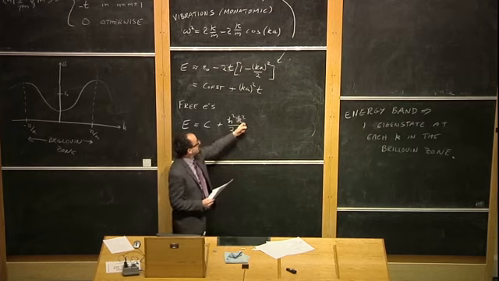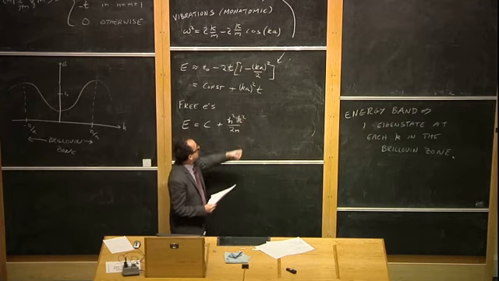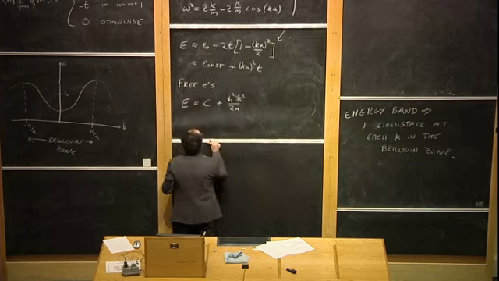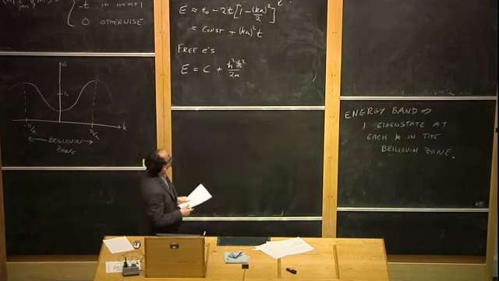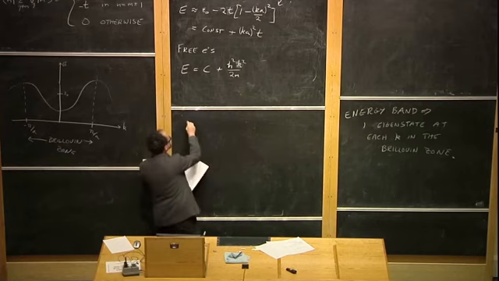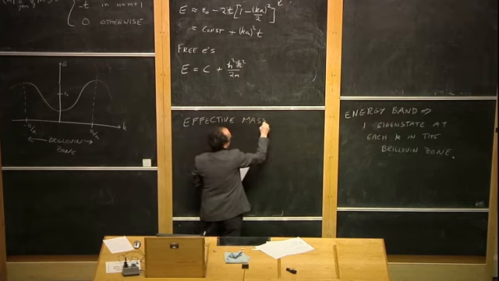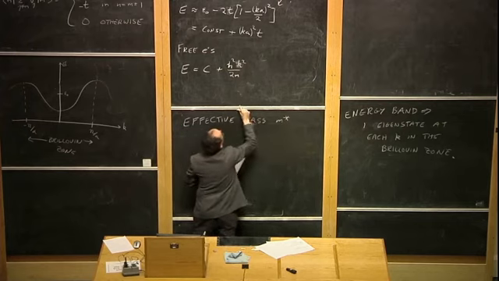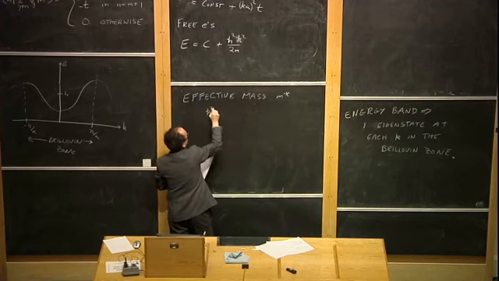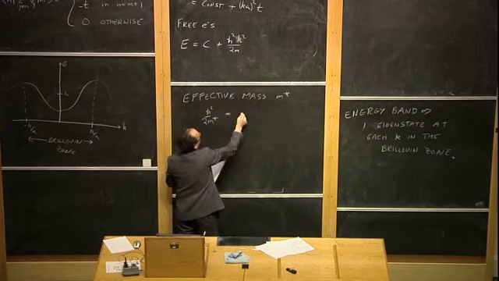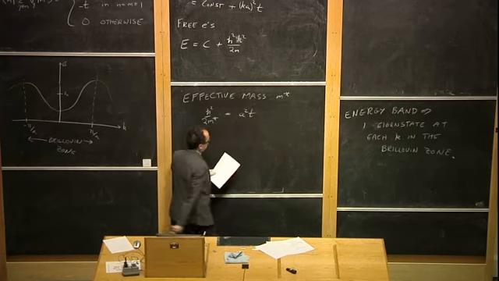But the important thing is that it's quadratic in wave vector, the same as this electron over here. So it might be useful for us to think in terms of free electrons for a second. And so what we do is we define an effective mass m star, such that h bar squared over 2 m star equals a squared times t.